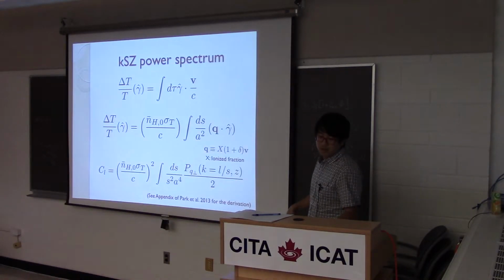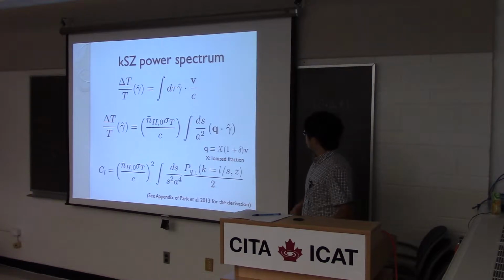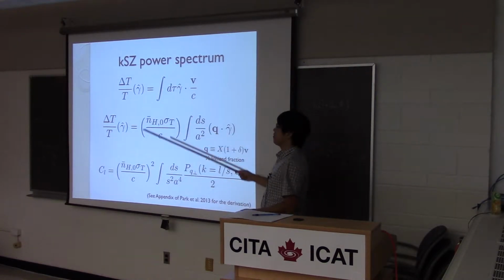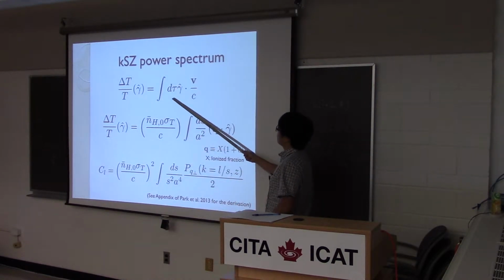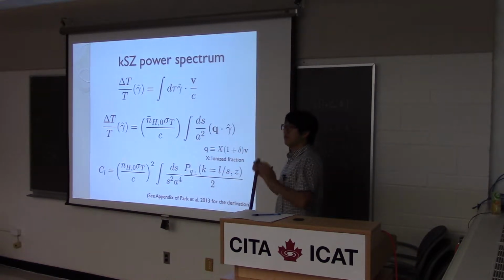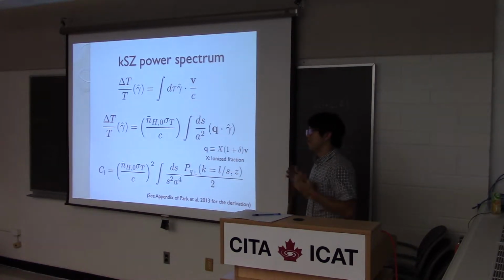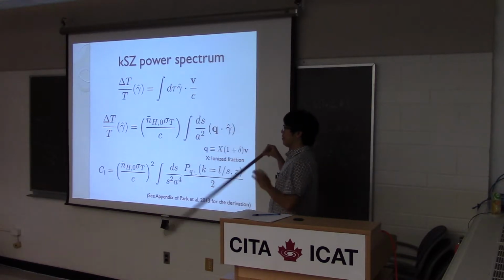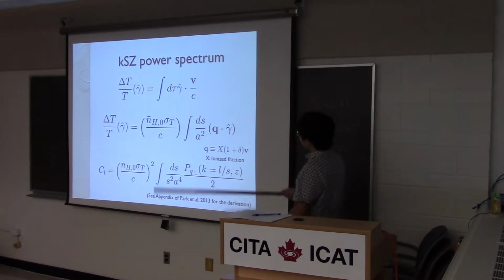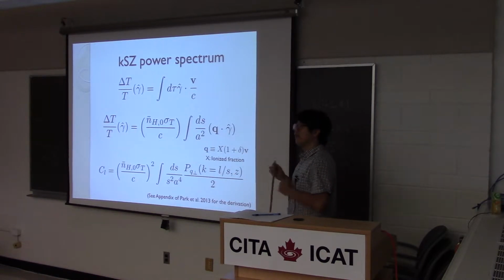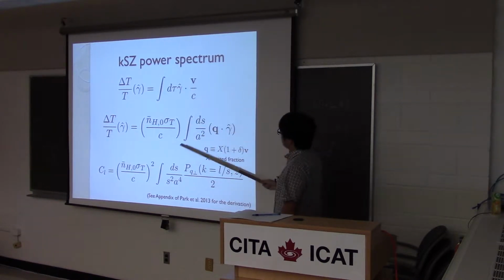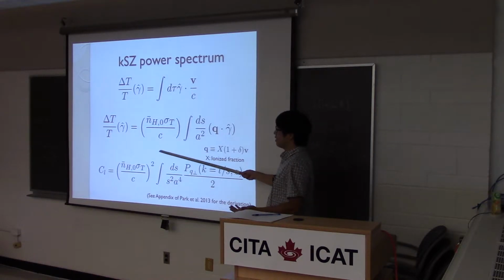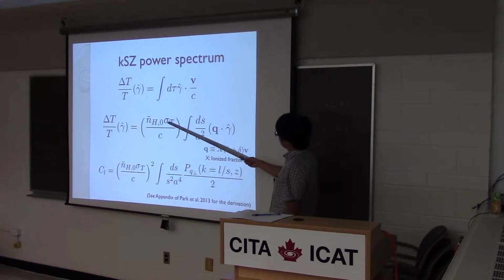So the change of temperature quantitatively is weighted by the optical depth of the free electrons. Of course, the more you scatter the photons, the stronger the effect should be. And it's weighted by the line of sight velocity because it's a Doppler effect. The optical depth goes as the density of the ionized gas. So you basically pull out constants like speed of light, hydrogen number density, and cross-section.